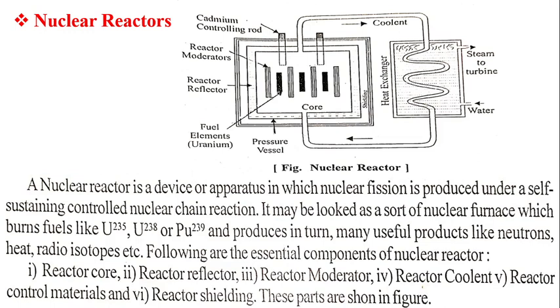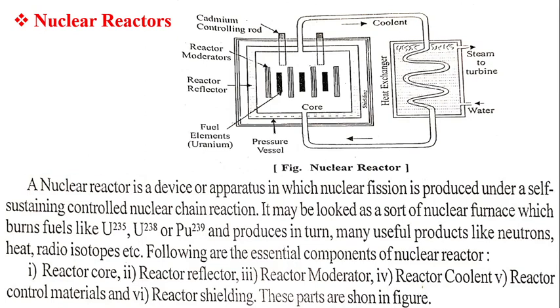There are four parts into which the nuclear reactor is divided, and we know the atomic bomb as an example of uncontrolled chain reaction in which a large amount of energy is released, but this amount of energy release is not useful for the purpose. Therefore, it is necessary to control that chain reaction.